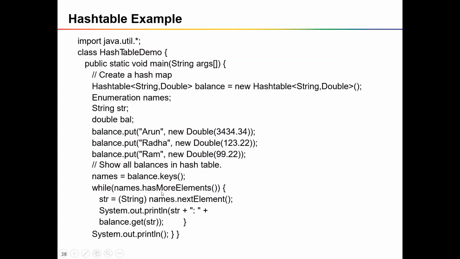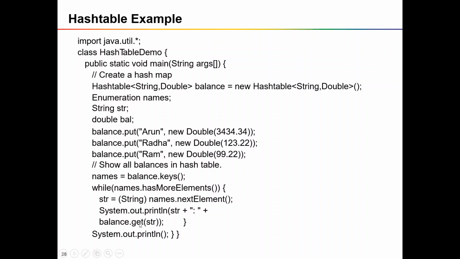In enumeration we have methods like hasMoreElements and nextElement. hasMoreElements will return true if there is a next element, similar to hasNext in iterator, and nextElement will simply return an object. Here we are holding all the keys. The key type is string, so we typecast it to string and simply print it.